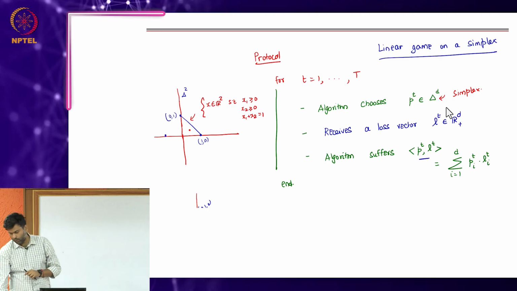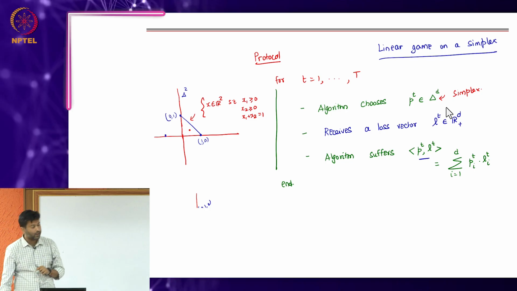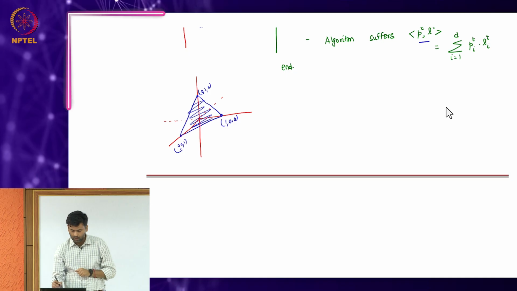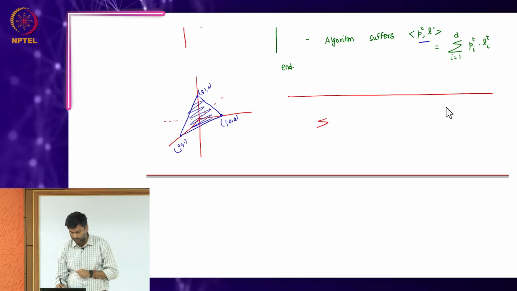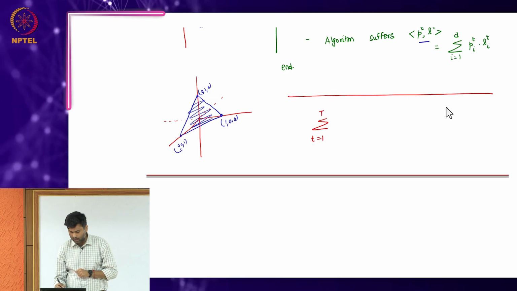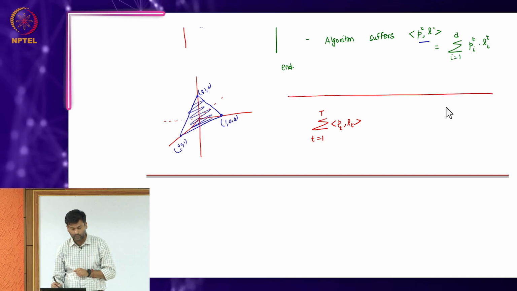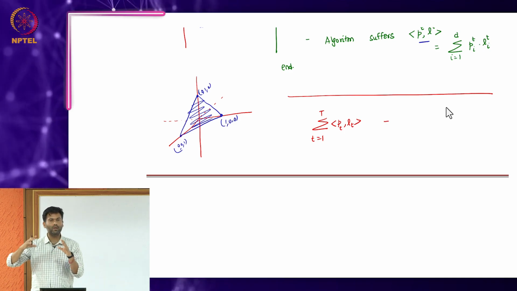Now, of course, what you care about in this case is the regret. Let us say the goal is to minimize regret, and then we will see how this naturally connects to the previous problem. The sum for t equals 1 to T of the dot product of Pt and Lt is what the algorithm suffers, minus, now what am I regretting over?